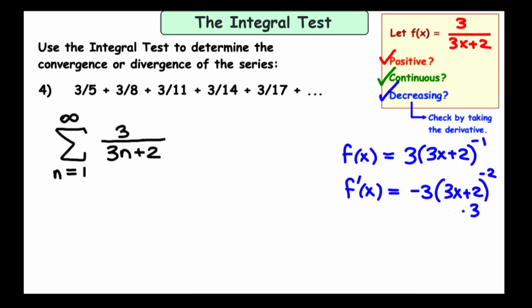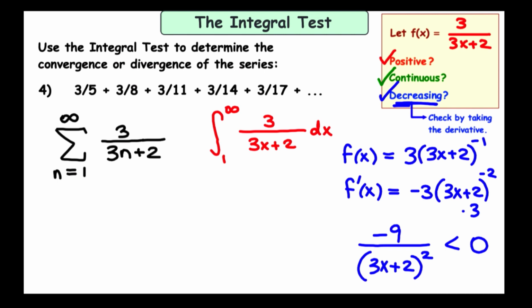That's going to make, if I rewrite it, -9 over 3x plus 2 squared. I think you can see that that's going to stay below 0. So if the derivative is less than 0, then yeah, the function is decreasing. So yes, all three prerequisites have been met. So we can do this.